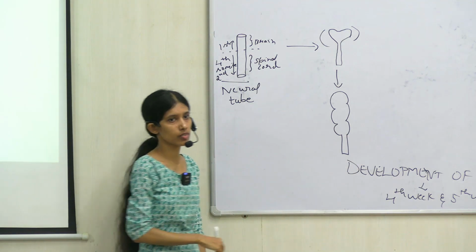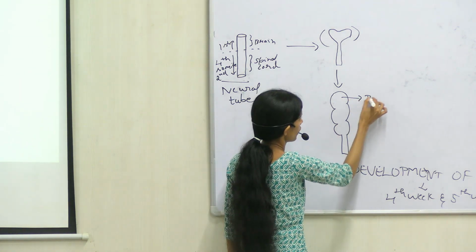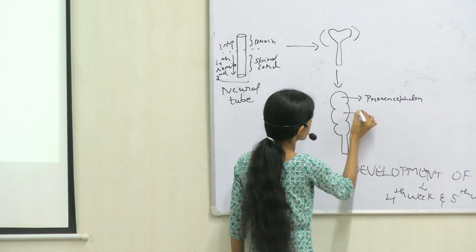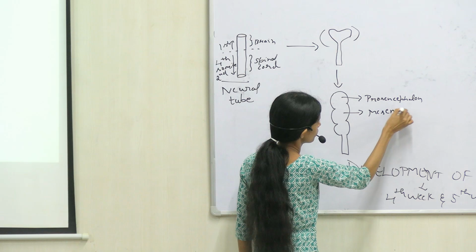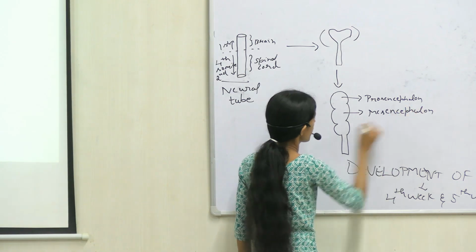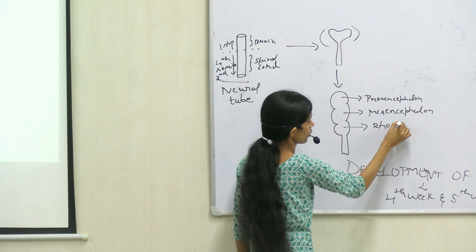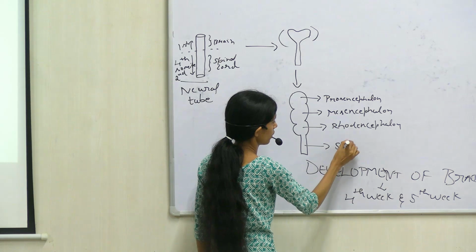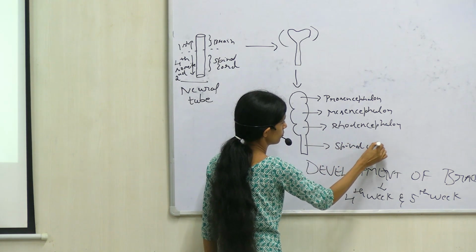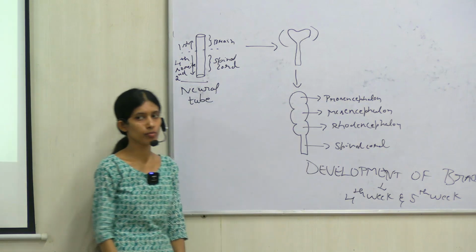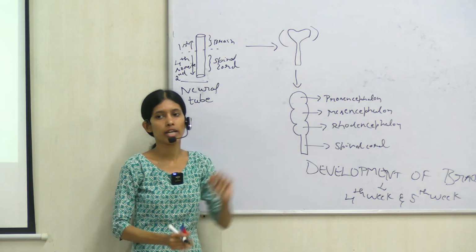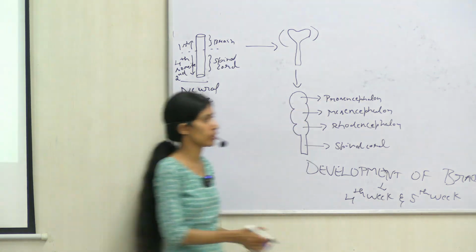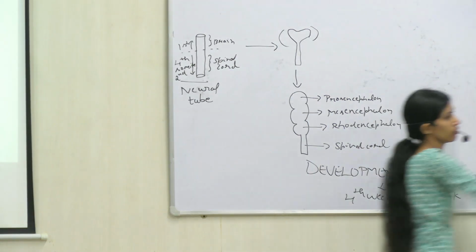What are these vesicles called? These are called prosencephalon, and this is mesencephalon, and the last one is called rhombencephalon, and this will be your spinal cord. This enlarged cranial part of your neural tube will give rise to the brain vesicles. That is the very first topic, development of brain vesicles.